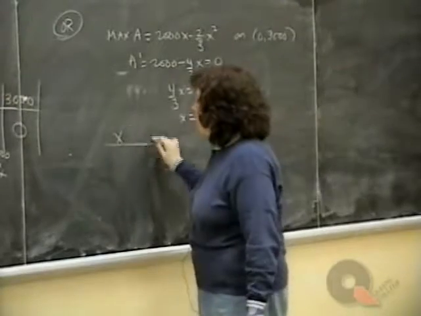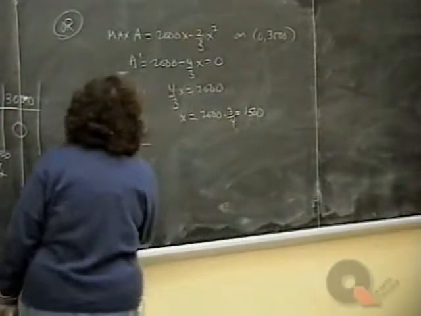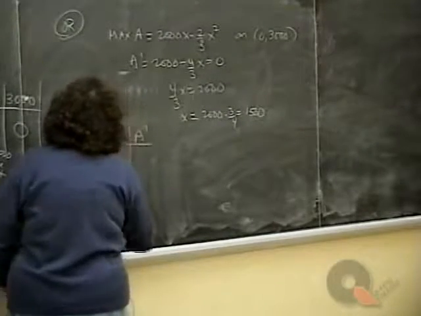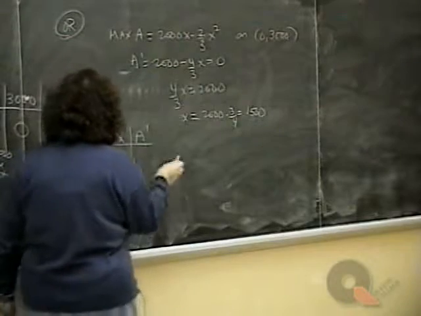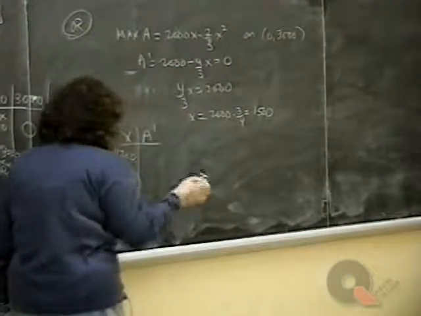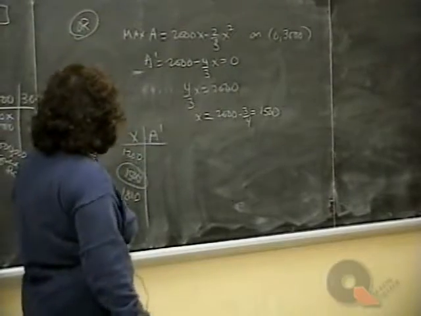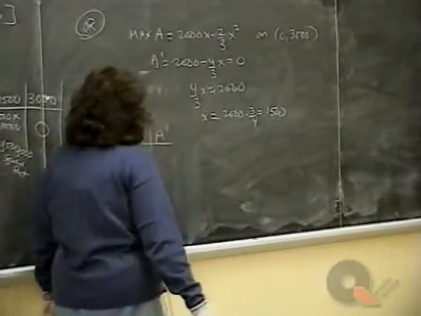So here we make the chart like this, x against a prime. We take the 1,500, the only critical number that we got. We sandwich it in between any other values you want to use. Let's say we use 1,200 and 1,800, but you can use any numbers at all. I try to pick things that would be evenly divisible by 3 just to make my life easier.